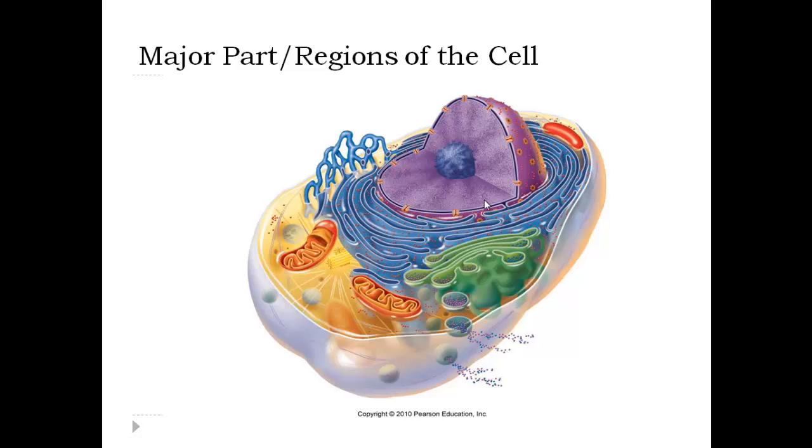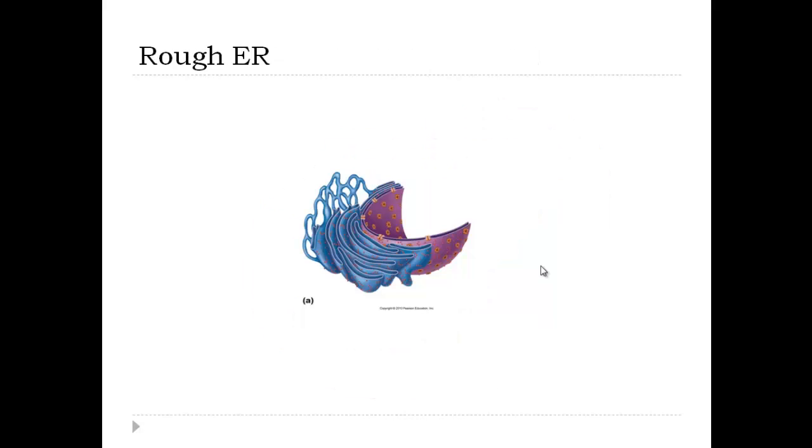Objective number 2 talks about the basic organelles of the cell, and the first one listed here is the rough ER. You can identify the rough ER because what makes it rough is the presence of ribosomes on its surface. The endoplasmic reticulum, or the ER, is a network of membranes that extend throughout the cell. But the rough ER always begins at the nucleus.